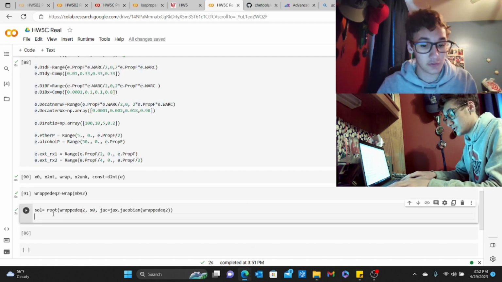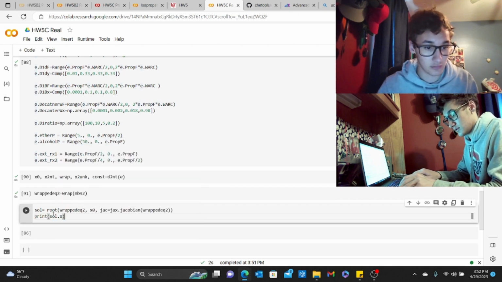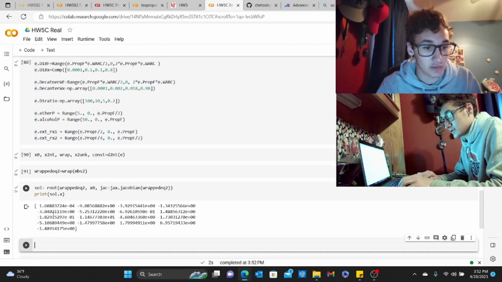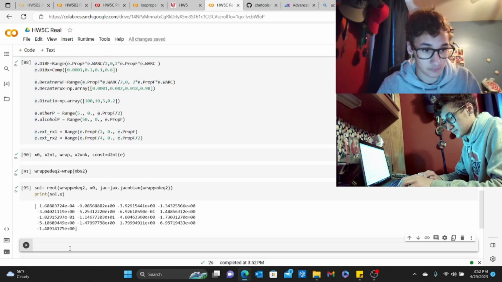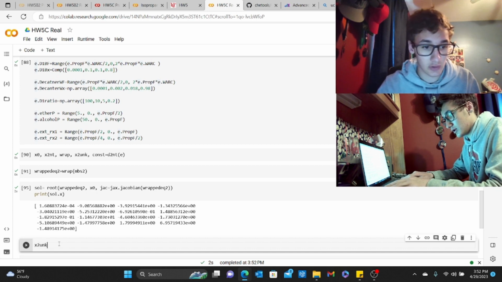So now we're going to print sol.x, maybe just sol. So this prints all of the x values that we have. So now we are going to do, let's see, I think it's x to unknown.